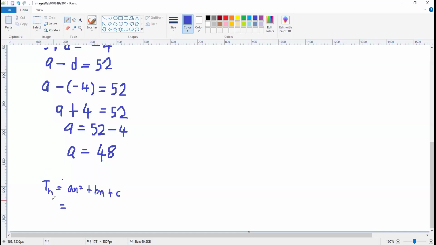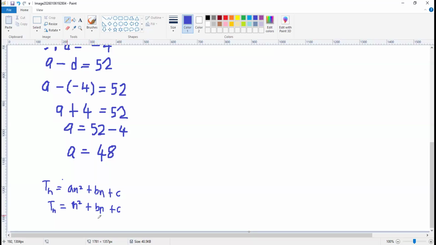So we've gotten from that particular one that we're doing now that A is 1. So that's 1 n squared, as good as n squared. And then we have our B, and our C is still there.